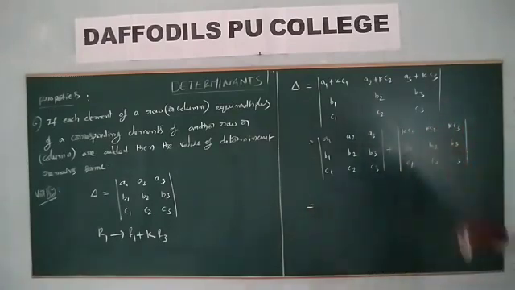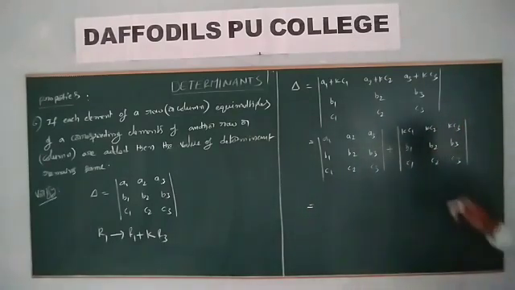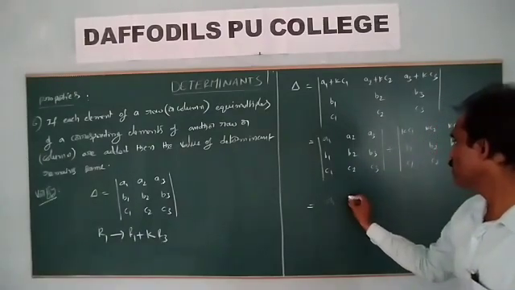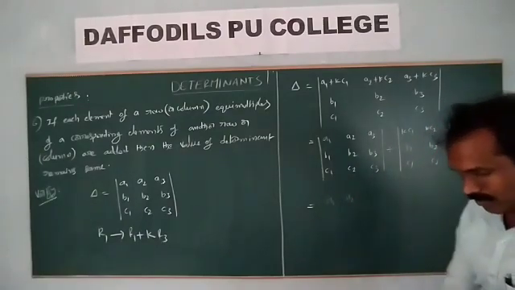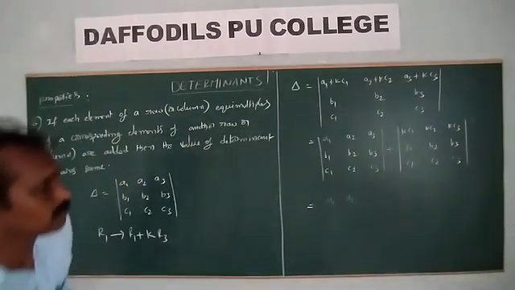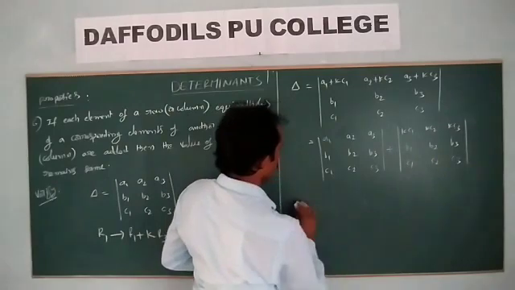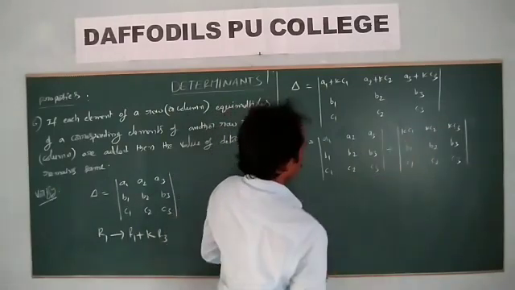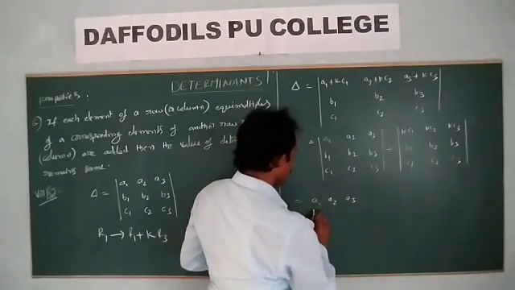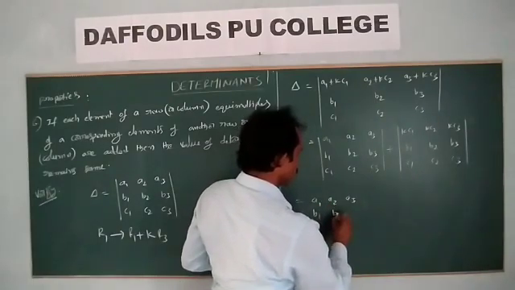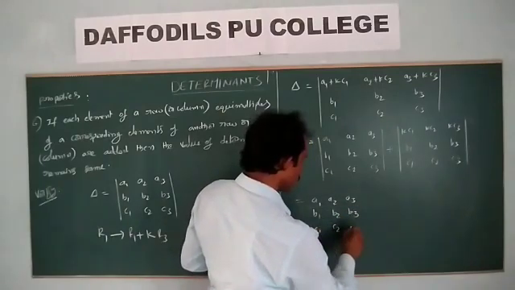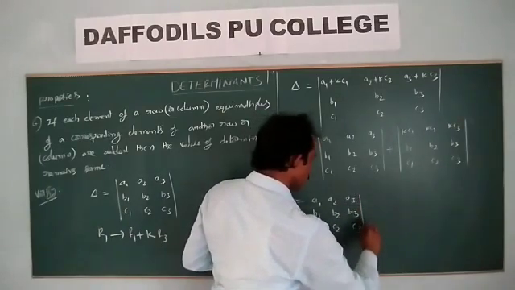Here you observe, K take common: A1, A2, A3, B1, B2, B3, C1, C2, C3.